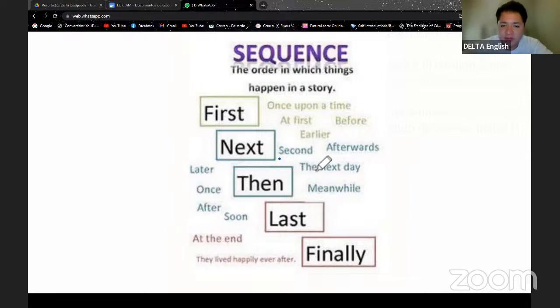So we have second. You can also use afterwards. Afterwards, what do you think is that? For example, I had breakfast. Afterwards, I went to work.